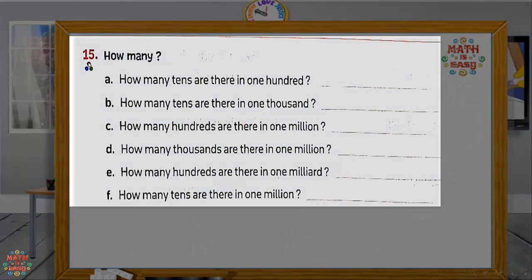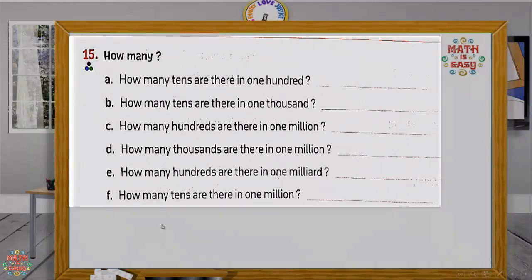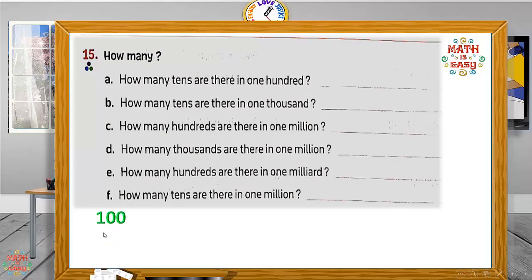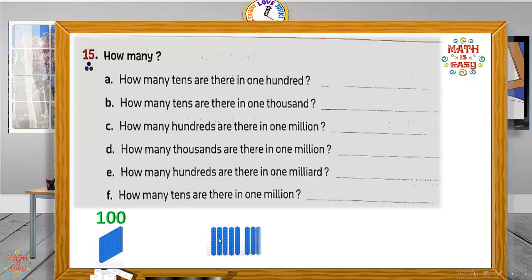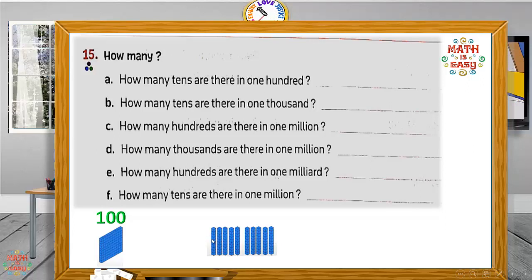Next one, number 15. How many tens are there in 100? Look here down, 100 means one block like this. This block consists of 10 tens. 1, 2, 3, 4, 5, 6, 7, 8, 9, 10. We have here 10 bars. Each bar consists of 10 cubes.